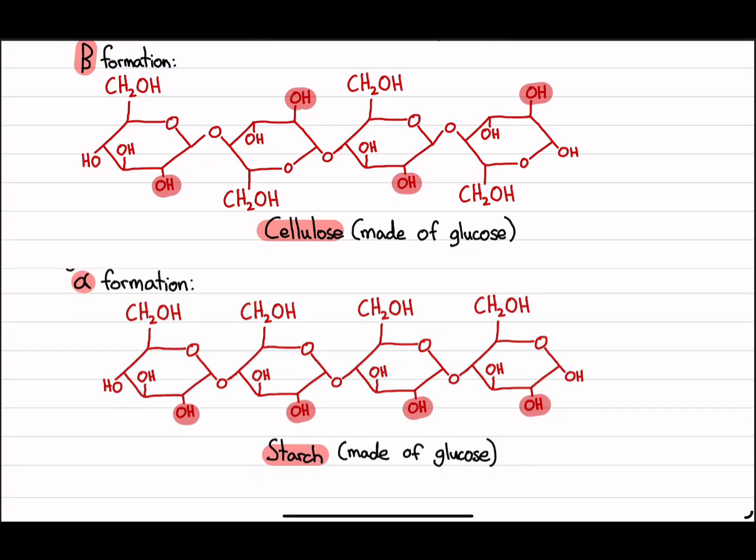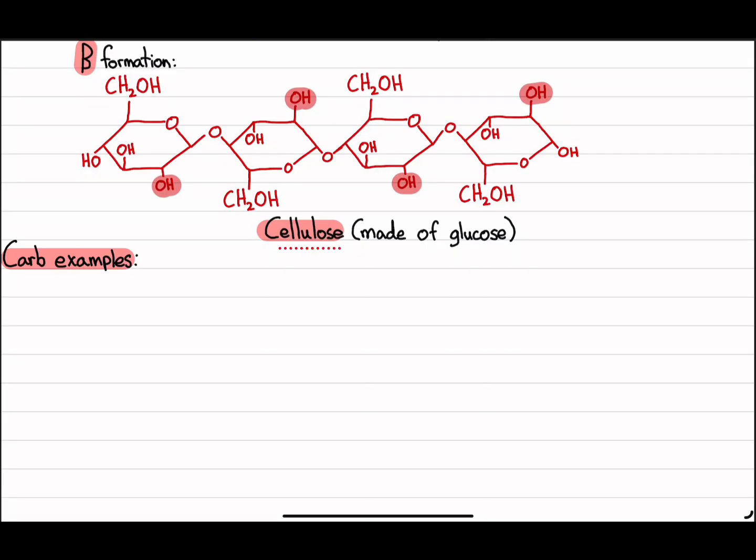Due to the different placement, alpha glucose is helical and beta glucose is linear. Additionally, as structure impacts function in every biological sense, certain enzymes can hydrolyze alpha linkages but not beta linkages. This is why cellulose in plants, which is made of beta linkages, is not digested by humans and instead becomes stool.